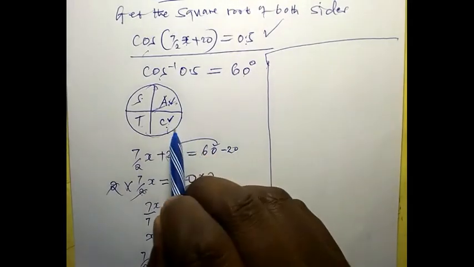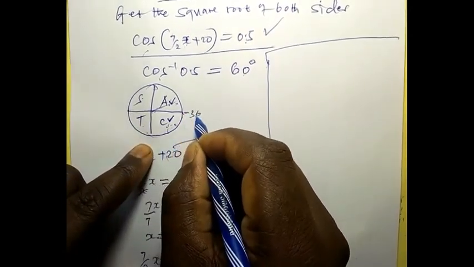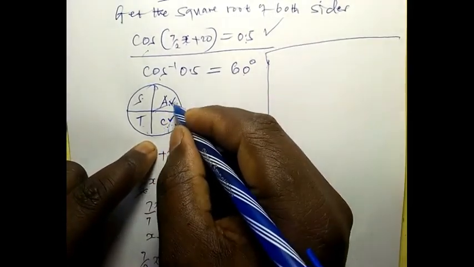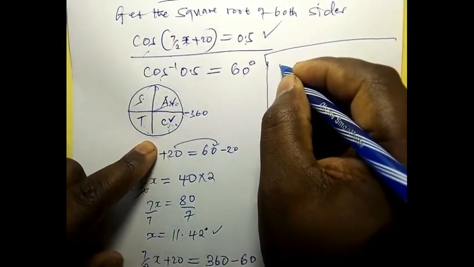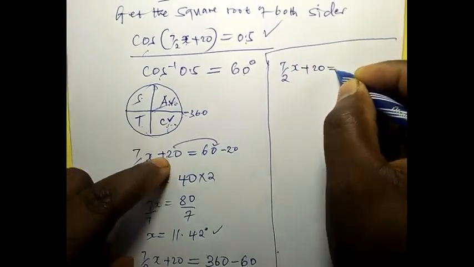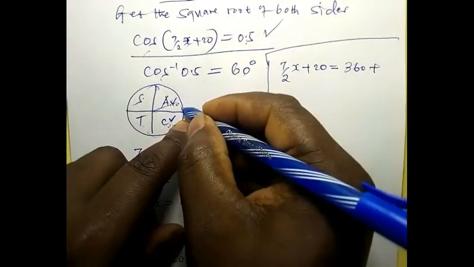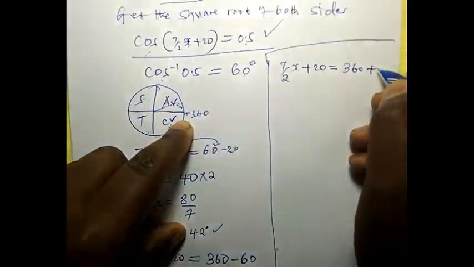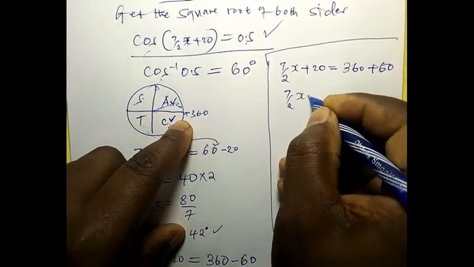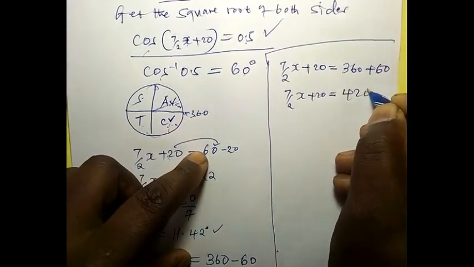Now, since we have done the one at this point, it means that we have finished the 360. Now we are going to 360 plus the theta. So 7/2 x plus 20 will be equal to, up to here we are at 360, and then plus the theta, because we are at the first quadrant again, 60. 7/2 x plus 20 will be equal to 420.